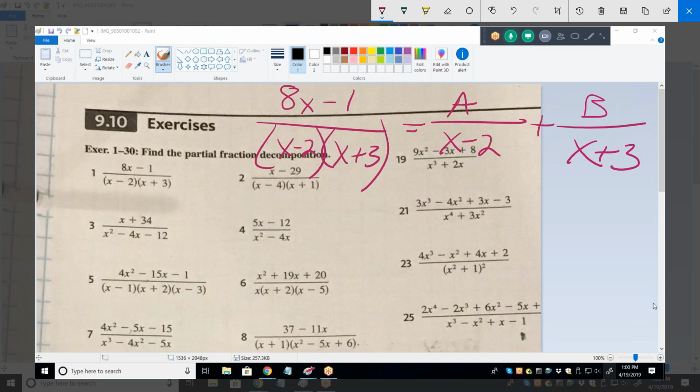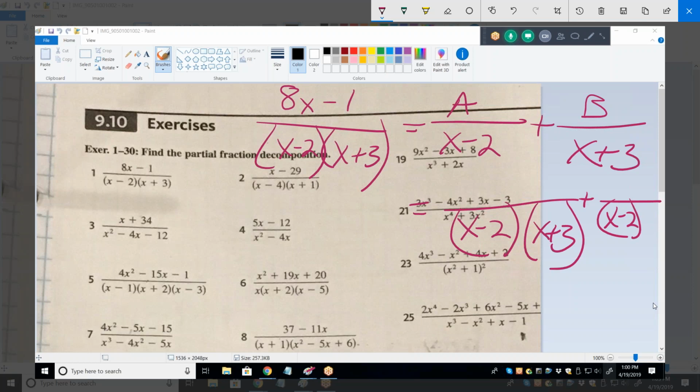So if the right side becomes this, which it's going to, in other words, that's how you handle the right side. Now, I'm going to put an A there and a B there.